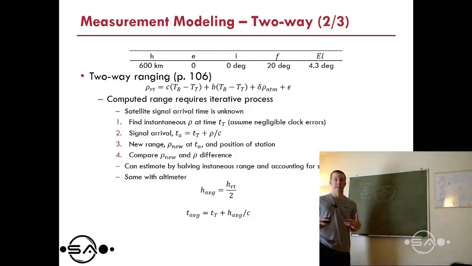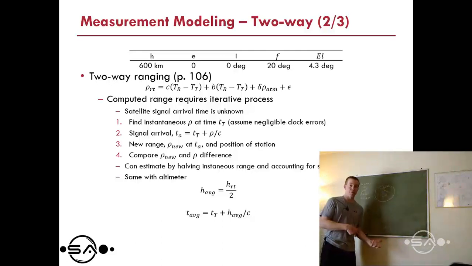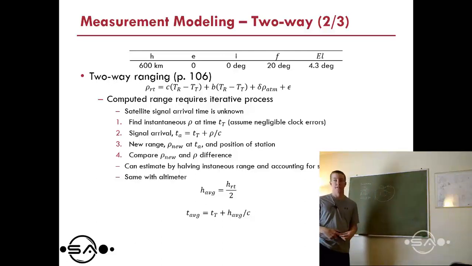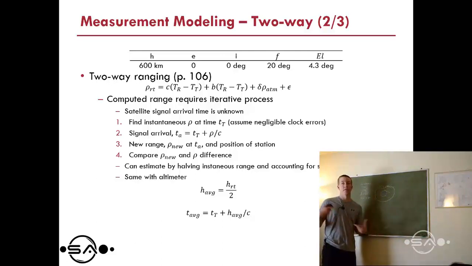So we find the time of arrival. Then we find a new range at that time of arrival and the updated position of the ground station. We compare the two and find our difference. Then we compare it to the round trip range that we would have received from an observation.